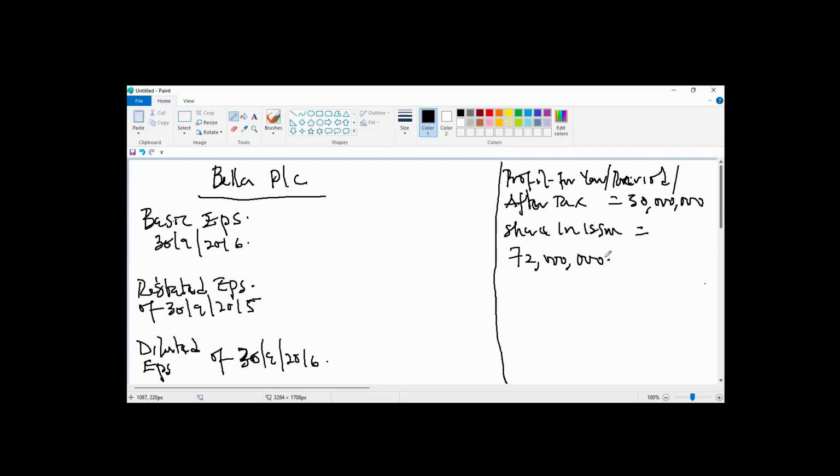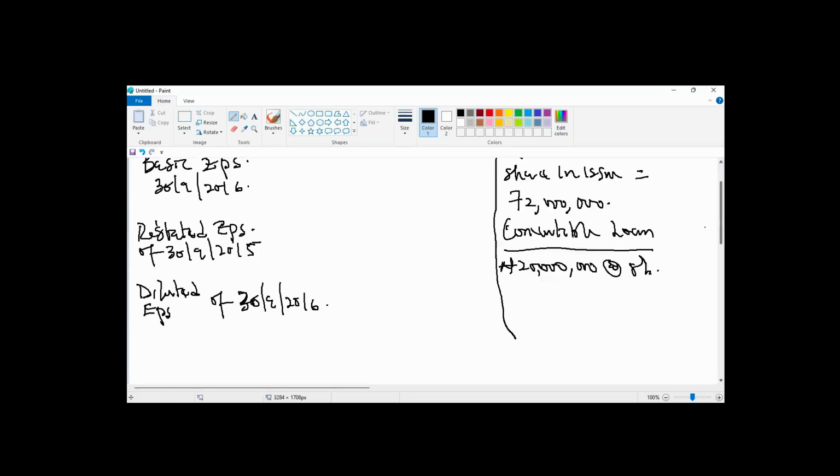And a 20 million, 8% convertible loan. It must be convertible. A convertible loan of 20 million at 8% interest. Next, term of conversion.